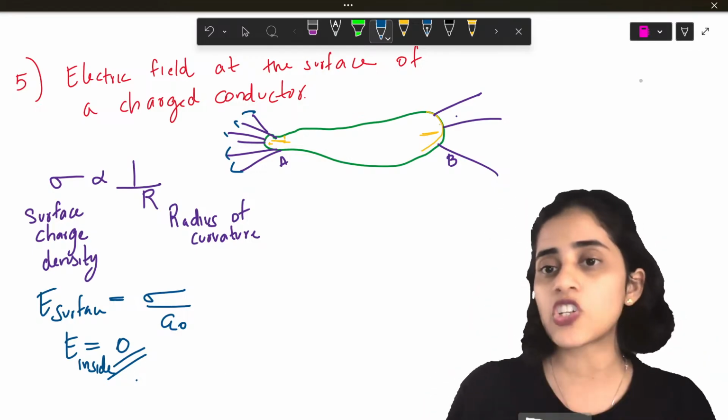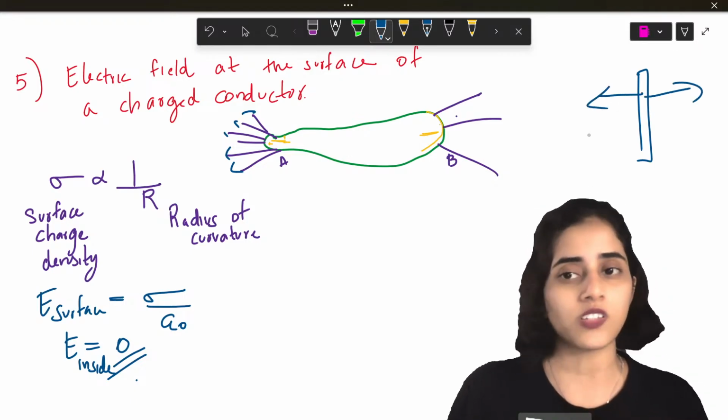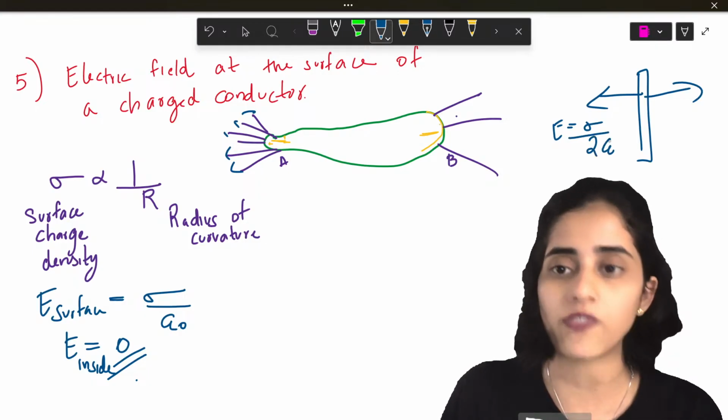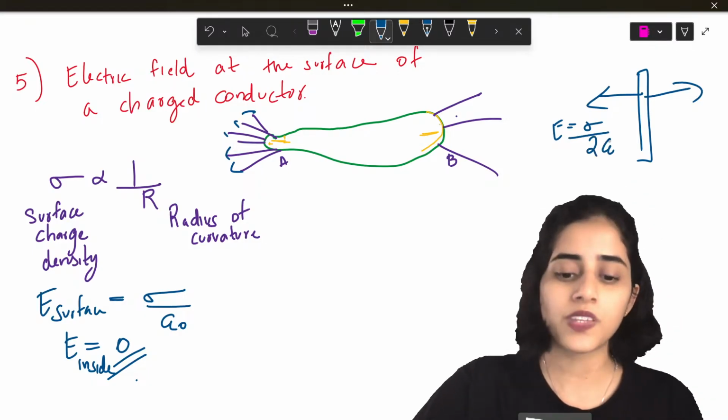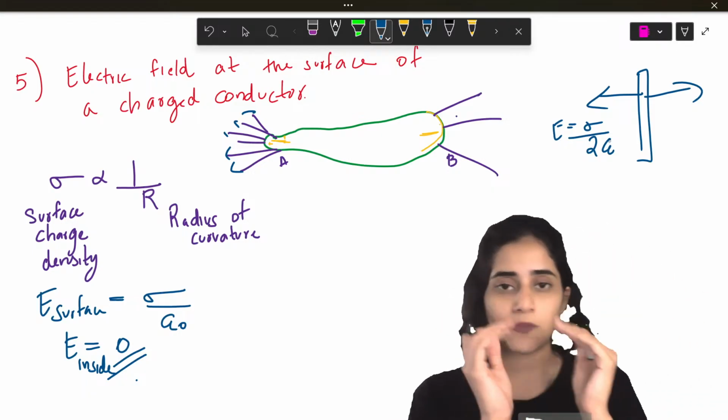Now, students, if you have a sheet where there are fields in 2 directions, then this electric field becomes sigma by 2 epsilon naught. If the field is only in one direction, it is sigma by epsilon naught.